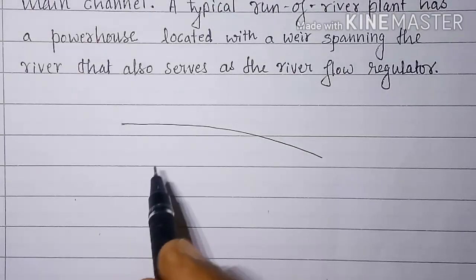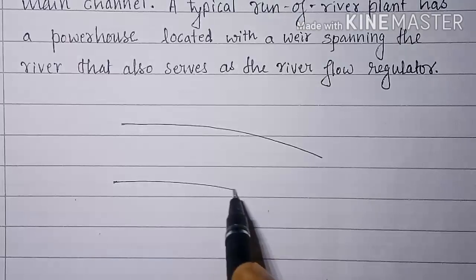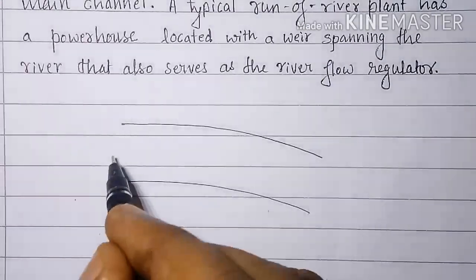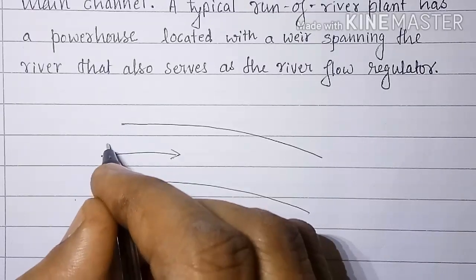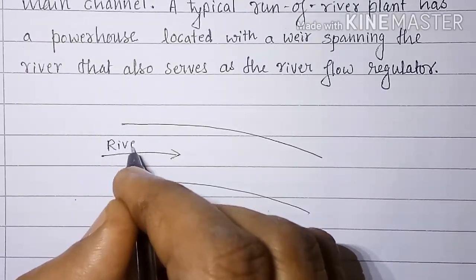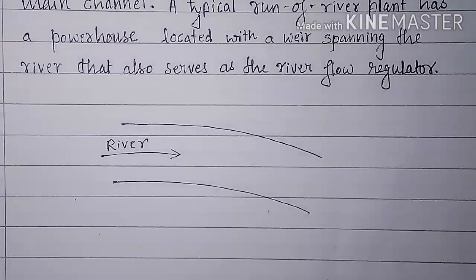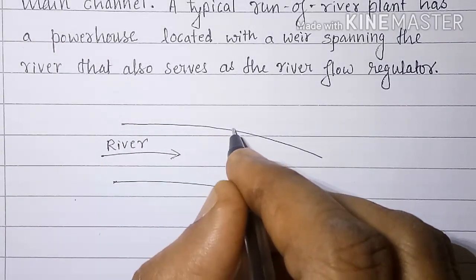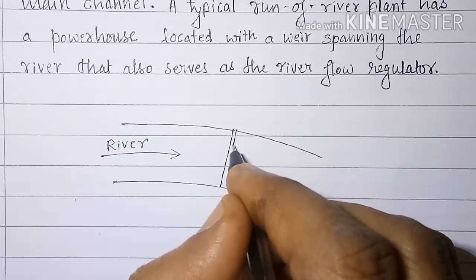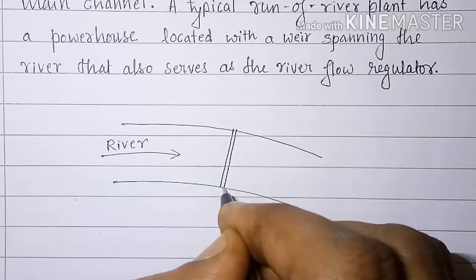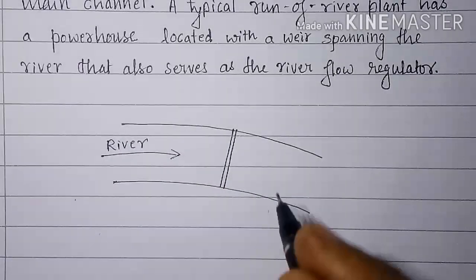plants appear like this. Let us consider here one river. The flow direction is towards right here. Across the river, one weir, that means a small barrage, will be constructed.